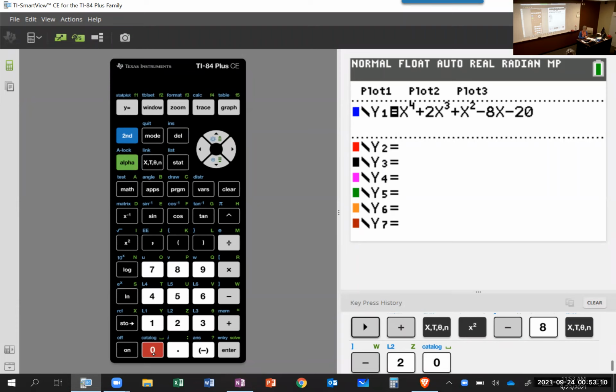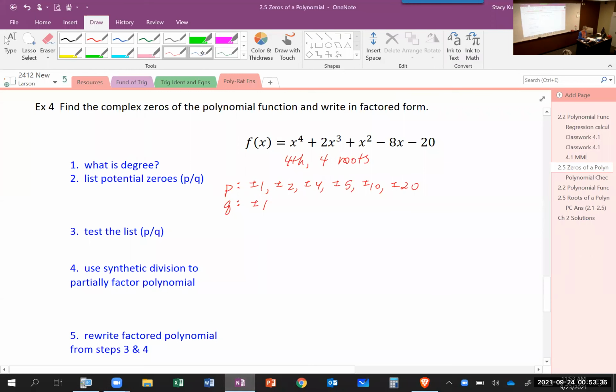Yeah. So what's your first root that you found? 2. Okay. Did anybody find a different root first? -2. Okay. Now, it doesn't matter which one you find. If they're both roots, it doesn't matter which one we use. I'm going to use +2, or excuse me, I'm going to use -2. So -2 divided into that.